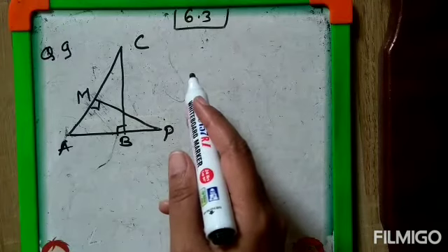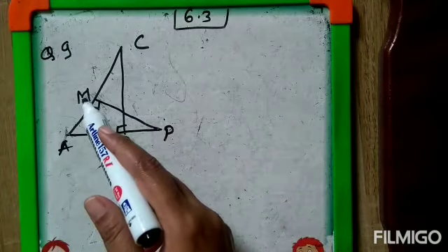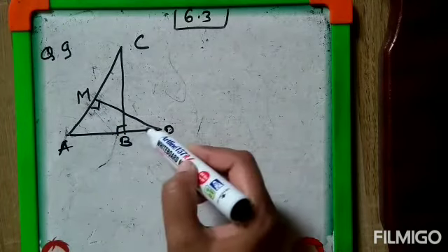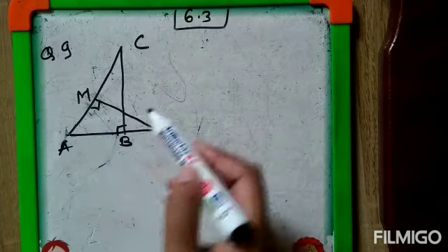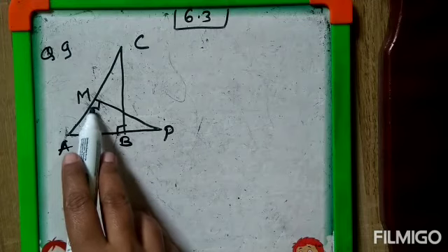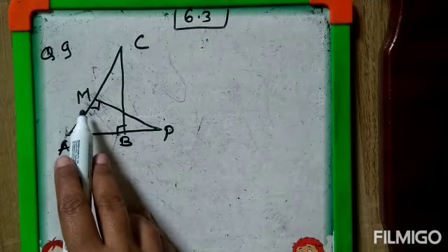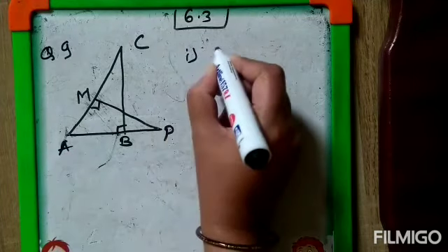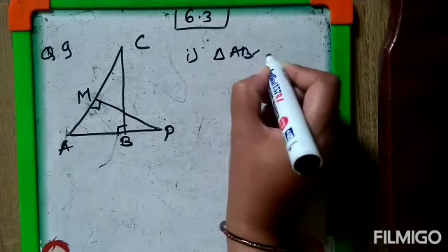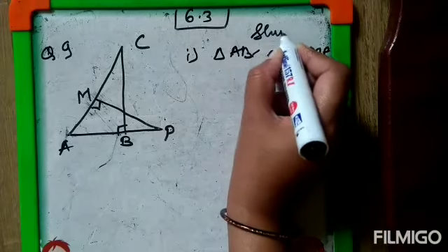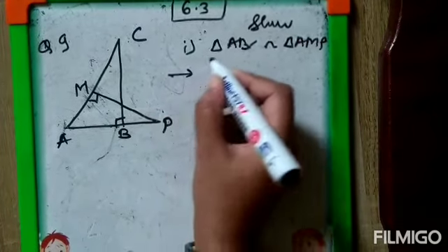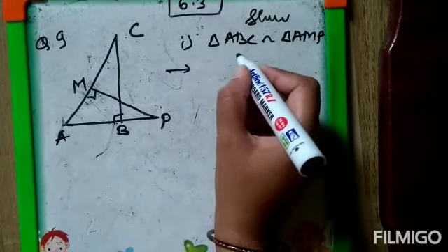From exercise 6.3, in the given figure ABC and AMP are two right angle triangles, right angled at B and M respectively. Prove that: first proof, triangle ABC is similar to triangle AMP. Immediately we will start the proof. See triangles ABC and AMP.